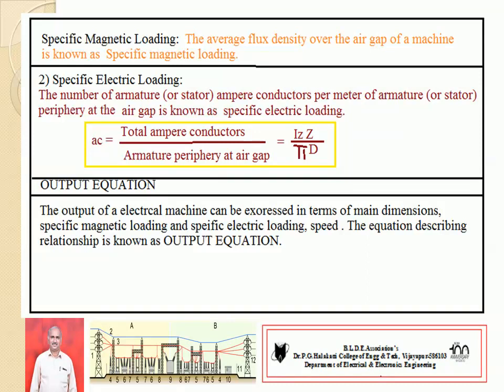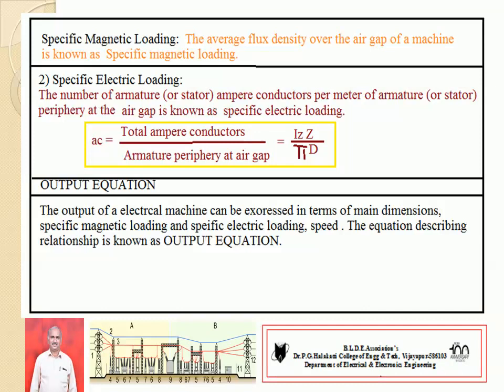So it is denoted by small ac. Small ac equals total ampere conductors divided by armature periphery at air gap. So it should be equal to Iz into Z divided by pi d. These two definitions are very important in our derivation.